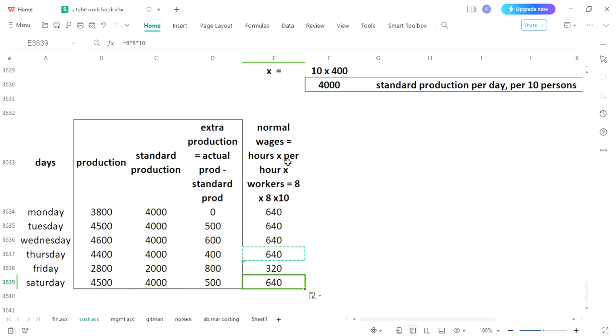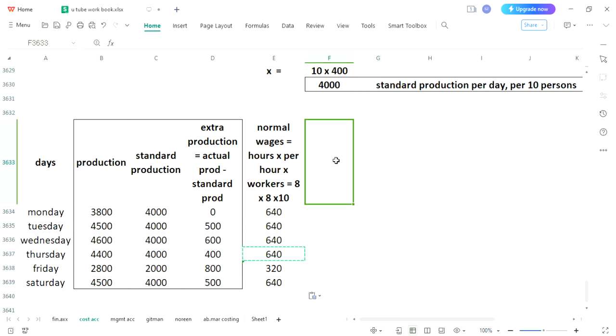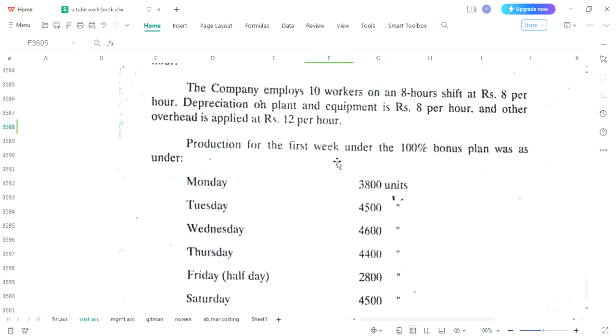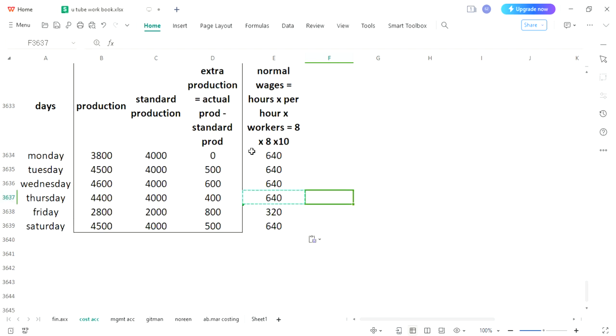Normal wages are calculated. Now we will see calculation for bonus amounts, and you can see it has been mentioned in our question: 100% bonus plan. How will you decide? Bonus would be given if they had produced extra units. You look over here. Extra units are produced each day. So bonus would be given.